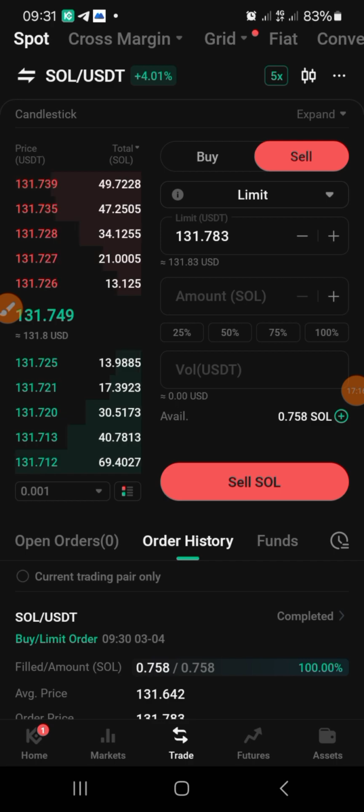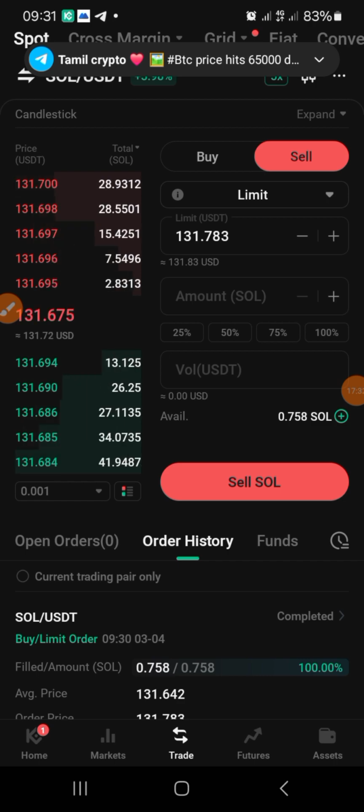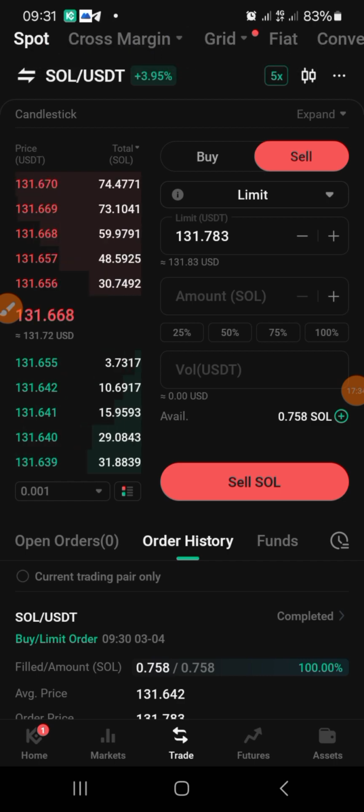A 4% of $100 is probably going to give me 104. Yeah, 104. If I want to take off that profit, I can click sell and sell it back to USDT in order for me to run it on P2P and transfer it back to my fiat currency.